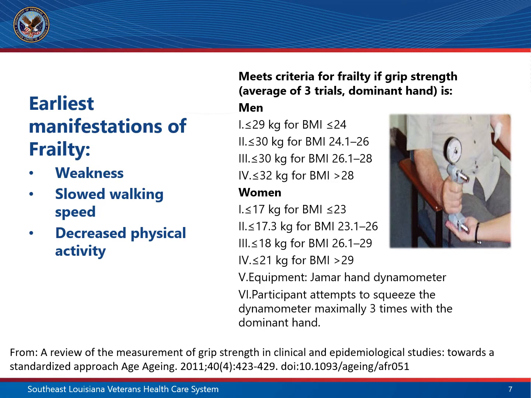And of course, I was in number 2, and I was only able to do about 9 kilograms on the grip strength, which would put me at frail. And that was a few years ago, so that was pretty disturbing to me.